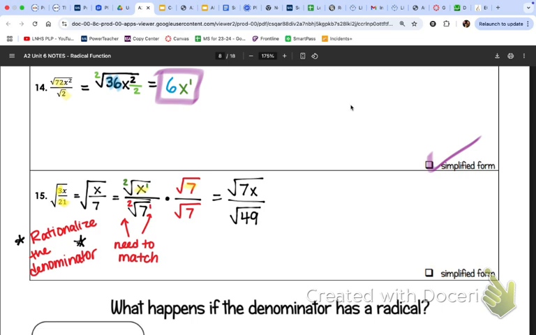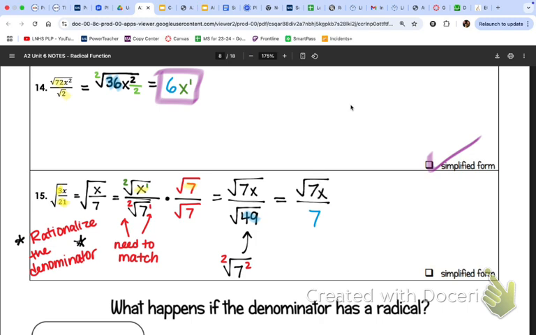Or another way to think about it, it's the square root of 7 squared, because you would add your exponents. And that's why this is going to cancel out in a second and get you down to 7. What is the square root of 49? It's a perfect square, right? And so it's just 7. And so you get equals 7. And in the numerator, you have square root of 7x.